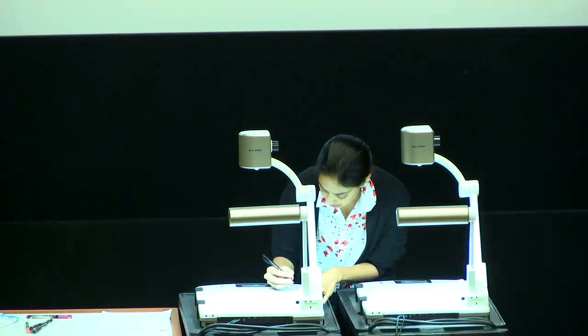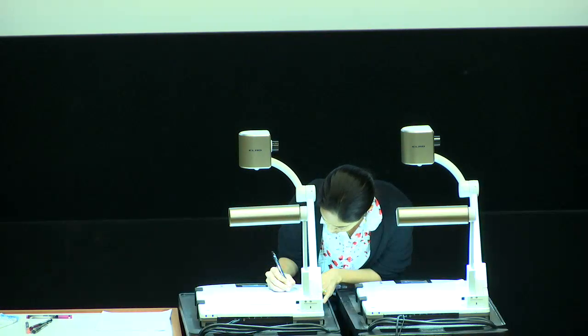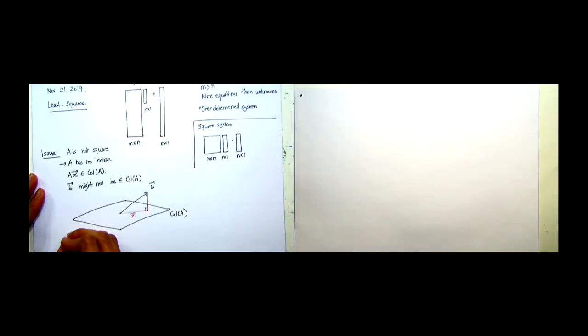And what did we show that this z actually minimizes? So the orthogonal projection of B onto column space of A minimizes our error.